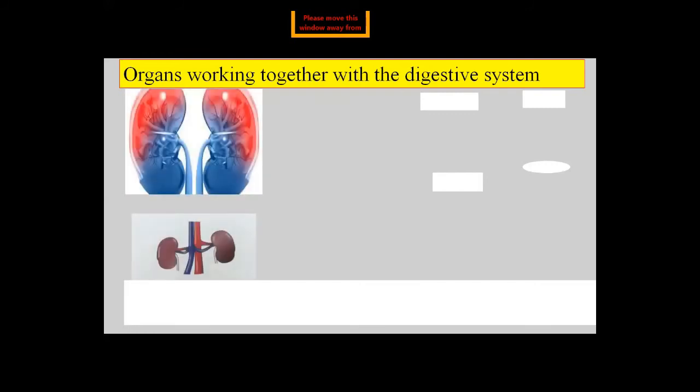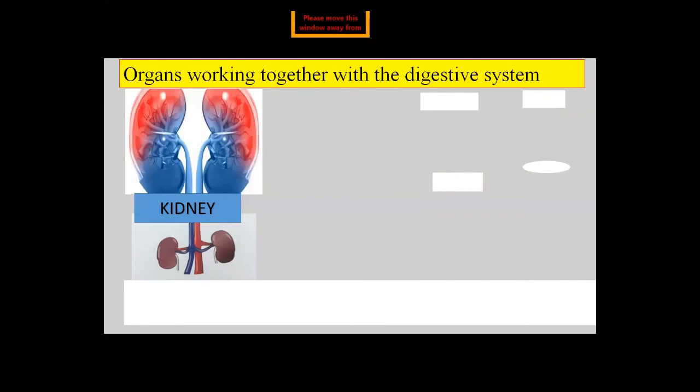The first is called the kidney. What is the kidney? The kidneys are present in a pair in our body. They are bean-like structures. They help to remove waste material and excess water from the body.